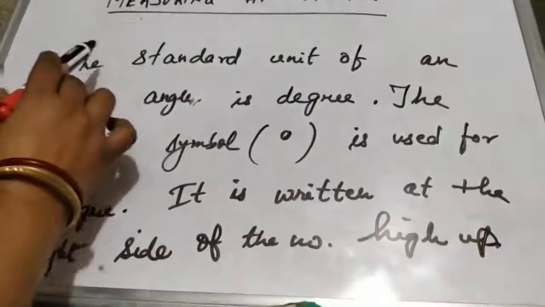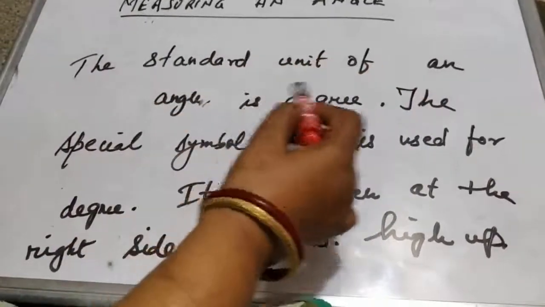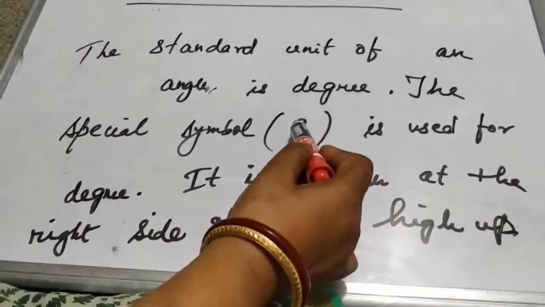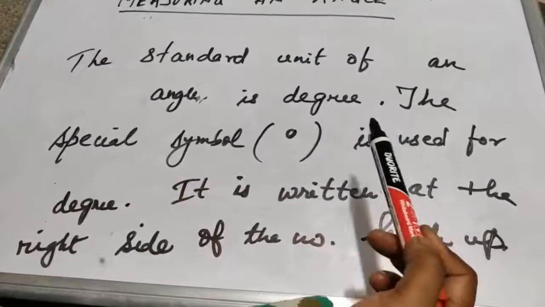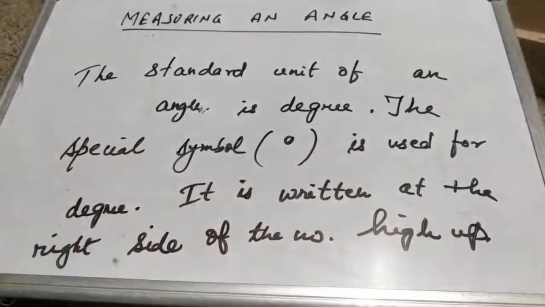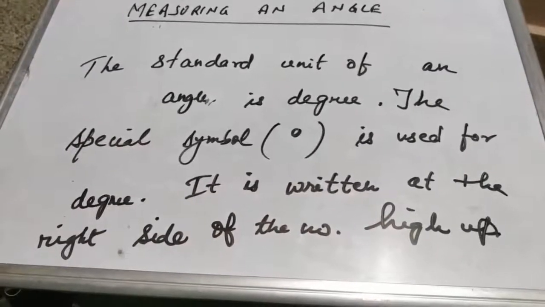Now, what is the standard unit of an angle? The standard unit of an angle is degree. The special symbol, this one, a small circle, is used for degree. It is written at the right side of the number high up. So now, how do we measure this angle?